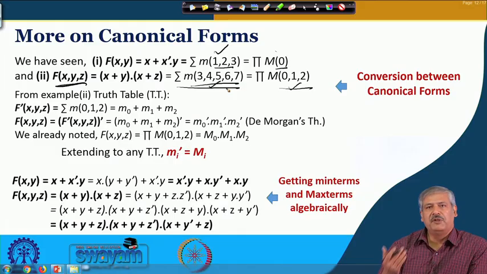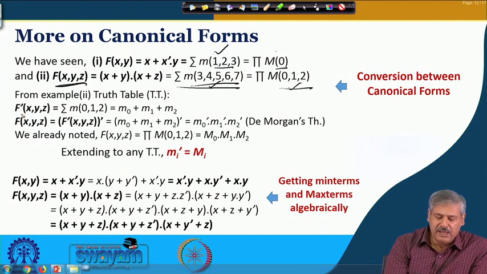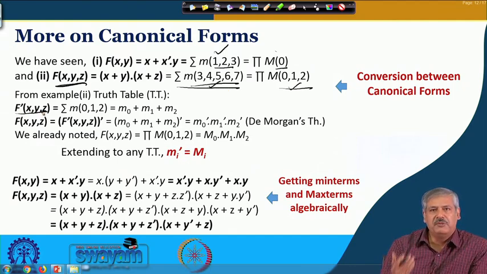If you take the complement of f of x y z, wherever 0 was there, 1 will be present, and wherever 1 was there, 0 will be present. So, f prime of x y z, that is the complement of the one that we had, will have Minterms 0, 1, 2.